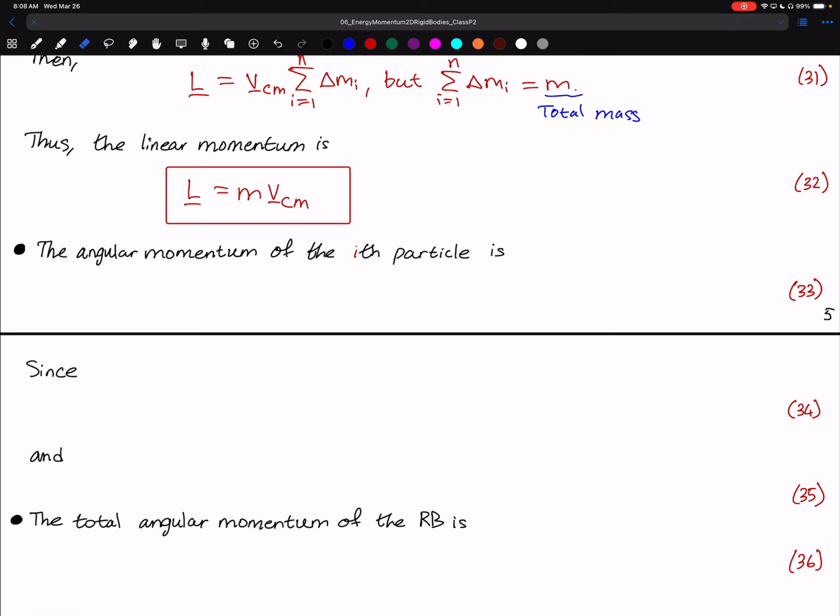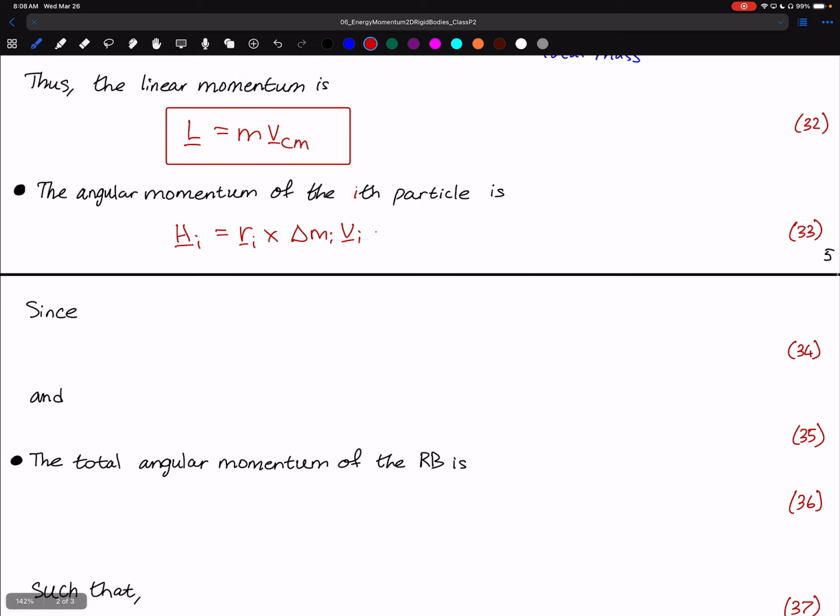Okay, so then the angular momentum of our ith particle, we're going to use capital H here, H sub i. This is going to be equal to ri crossed with delta mi times the velocity v sub i, which we can rewrite as being equal to, in this case, ri crossed with omega crossed with ri times delta mi.